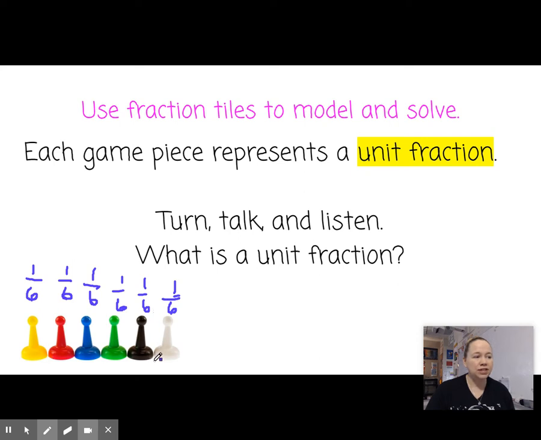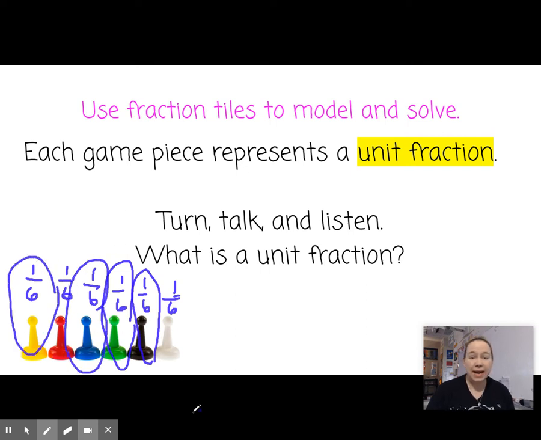And so if I wanted to know the black, the green, the blue, and the yellow, what I have here now is an equation of 1/6 plus 1/6 plus 1/6 plus 1/6.